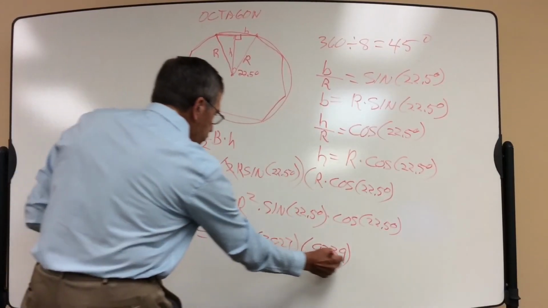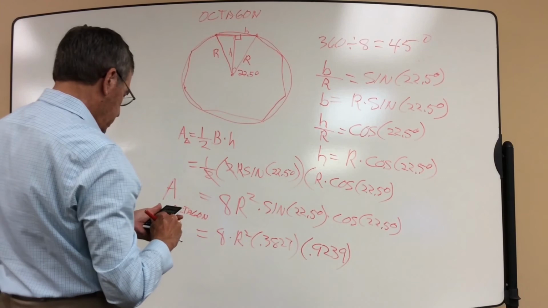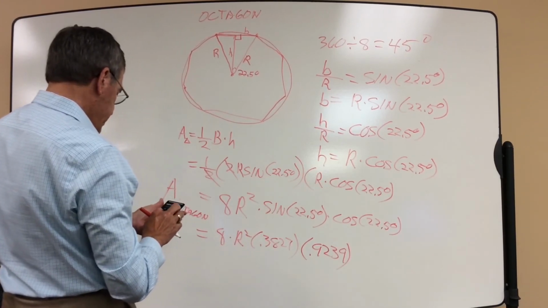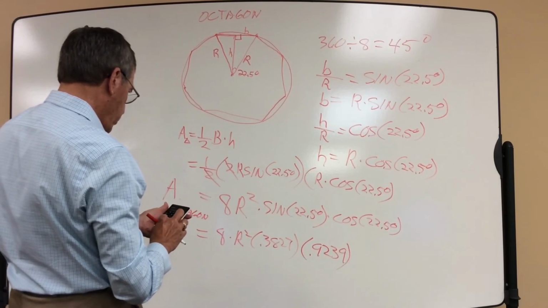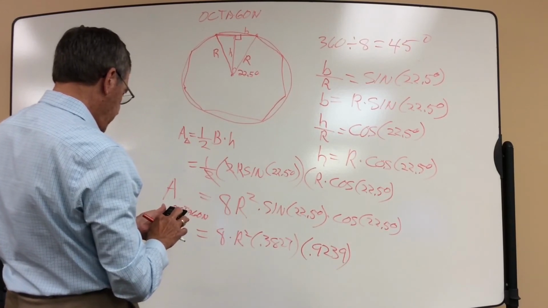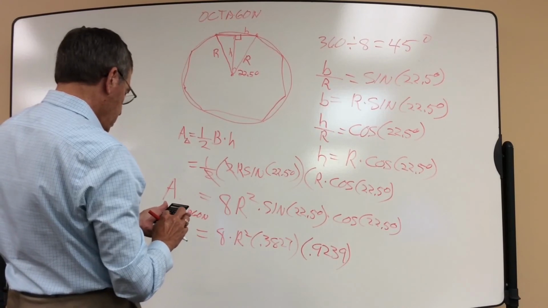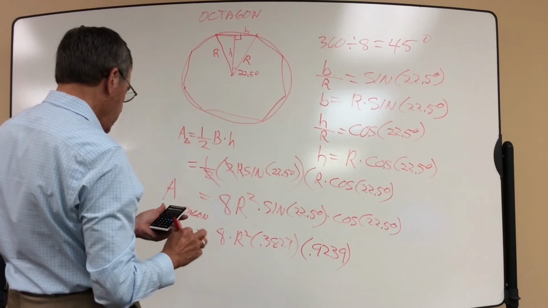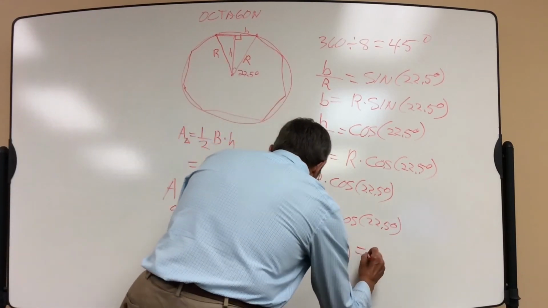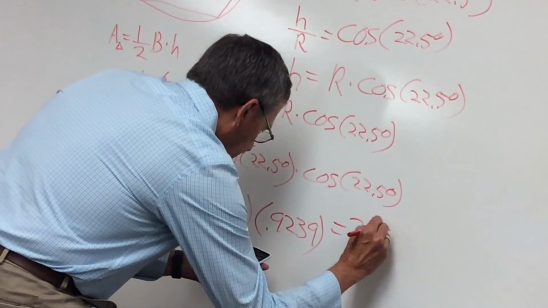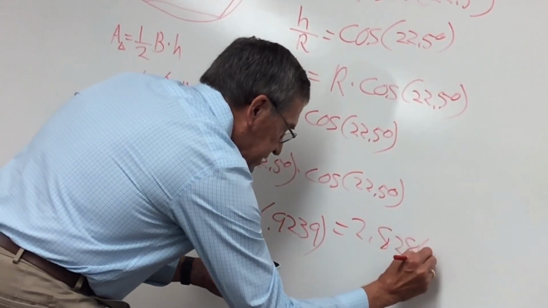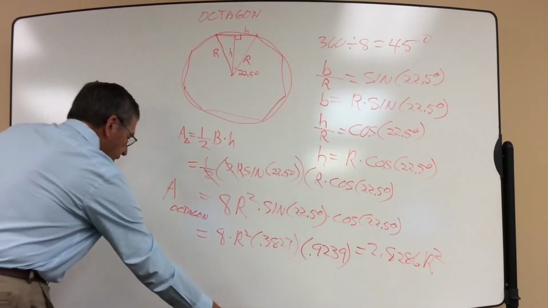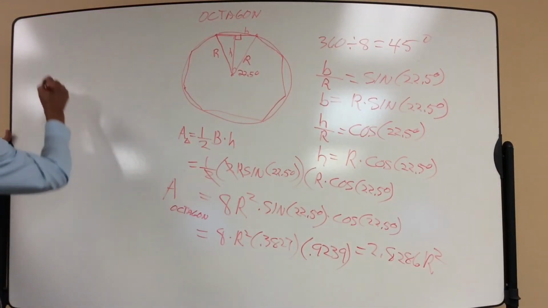So we'll multiply these two numbers and multiply by 8. So let's do all that together. So we'll take 8 times 0.3827 times 0.9239, and what I get is 2.8286 r squared.